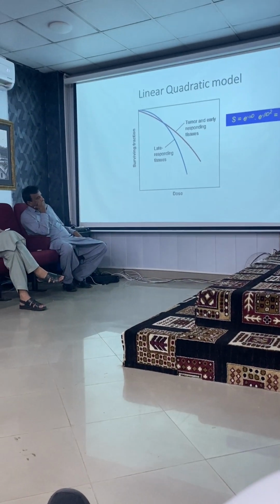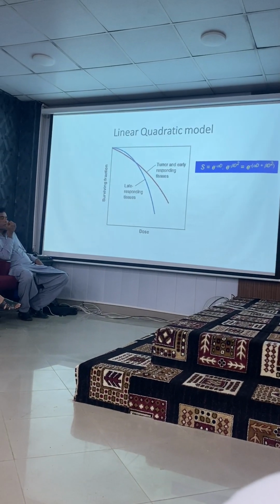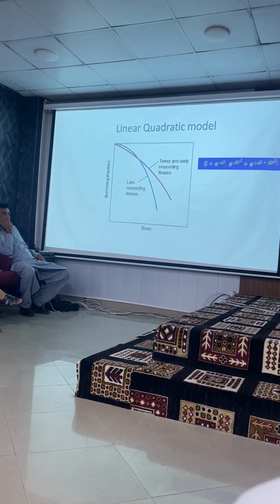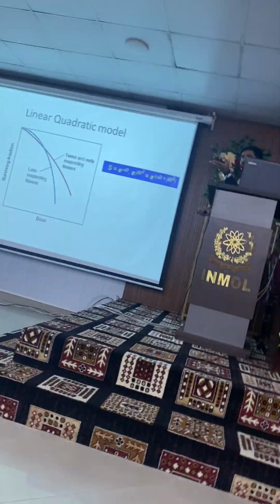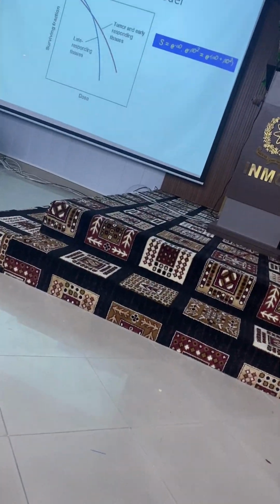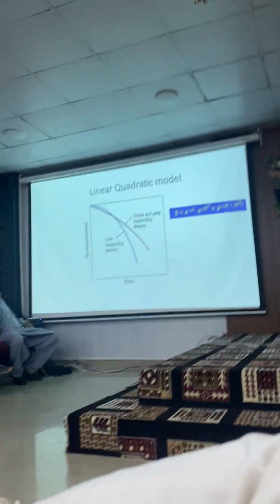So far, we have discussed the biology of tumor, D naught, kickoff time, and the history of the conventional dose. Now, the linear quadratic model is said to be more than half of the radiobiology we have to discuss. First of all, just forget that tumor is written here.